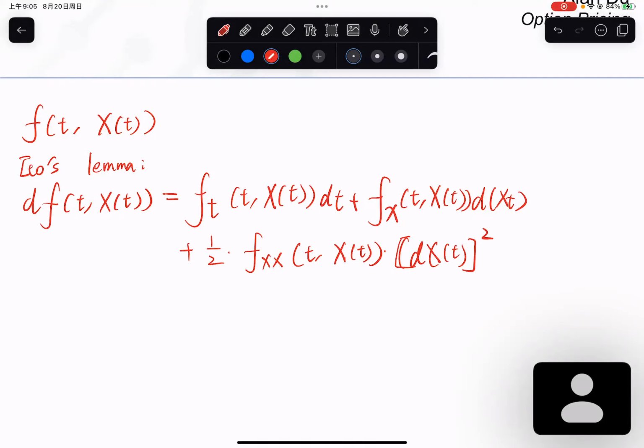If you don't know how to derive that, please come back to the last lecture in the previous chapter, which is talking about Ito's lemma. And now let's start.